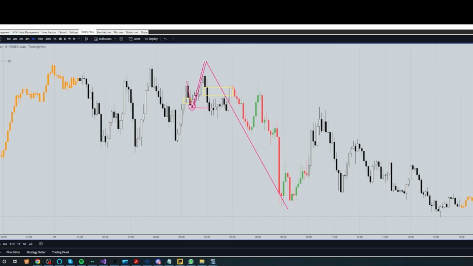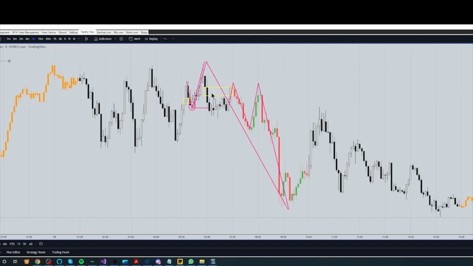So price comes up, wrong colour. We have our first phase of distribution, followed by our second phase just by that, and goes all the way down.